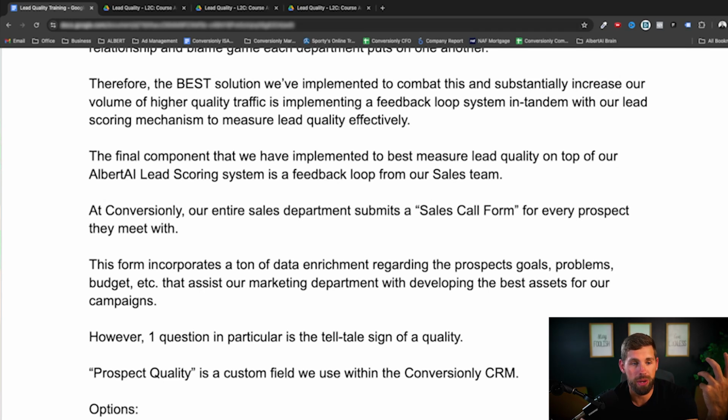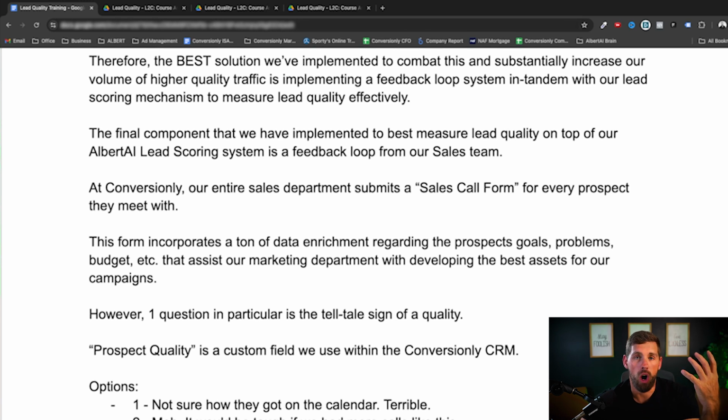So from that essence, you want to make sure that you have both feedback loop systems working in tandem with one another to get a true measurement of your lead quality. So the final components that we have implemented is our lead scoring system and then the feedback loop that our sales team provides. When our sales team takes a sales call at Conversionly, they fill out a sales call form.